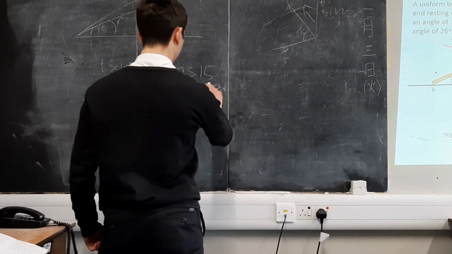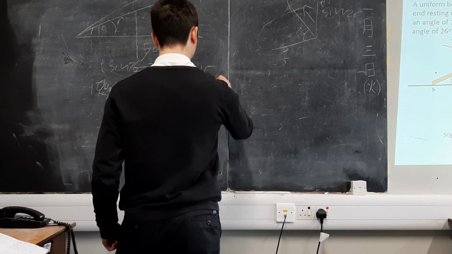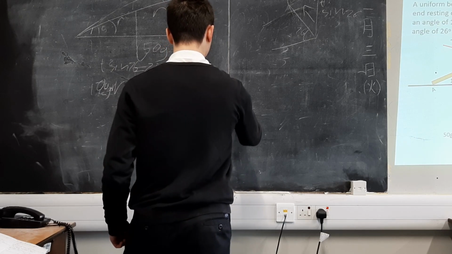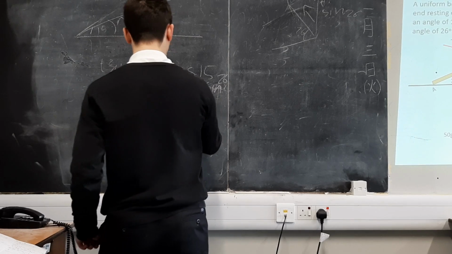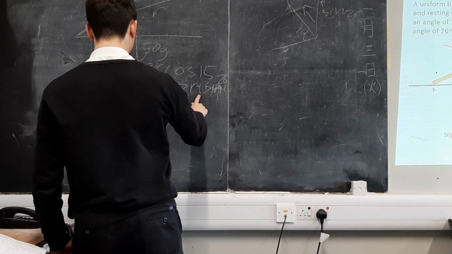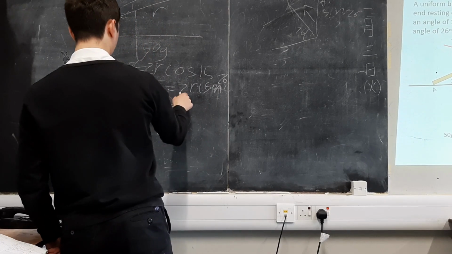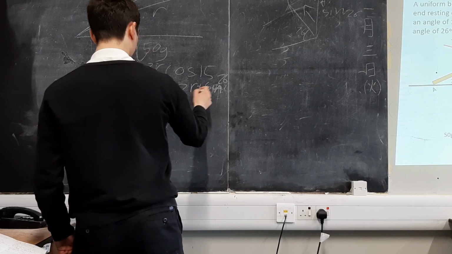Sine 26. So we want the tension from here. So we rearrange to R. The R's cancel.